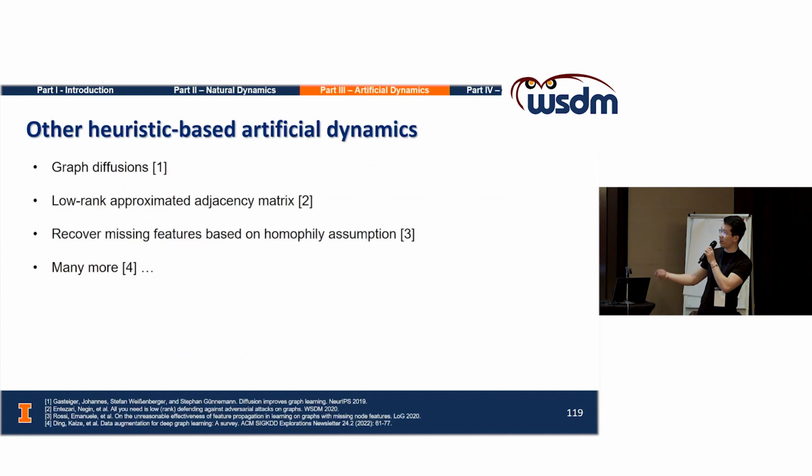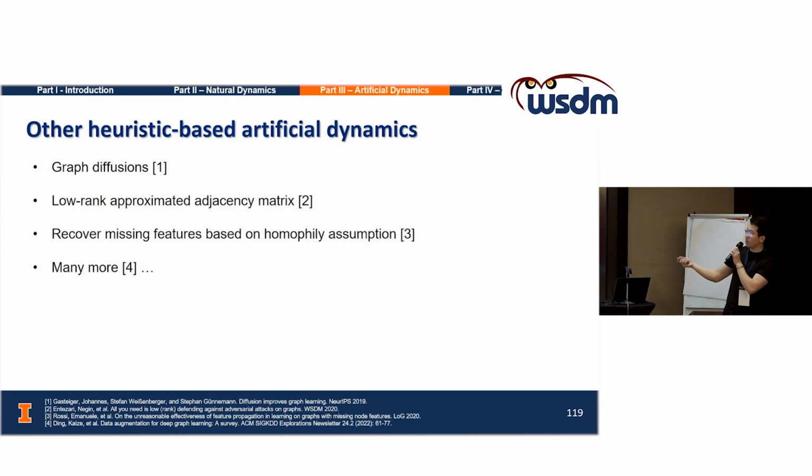Okay, and there are many other heuristic artificial dynamics, such as graph diffusion, which means that we do not directly use the normalized adjacency matrix to do the diffusion. We can do some operations. For example, we can use the generalized PageRank diffusion matrix instead, right? And we can also do some low rank approximation of the adjacency matrix and get this low rank approximate version for the graph diffusion.